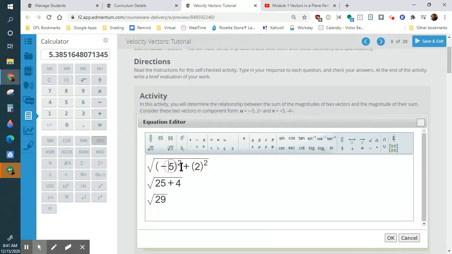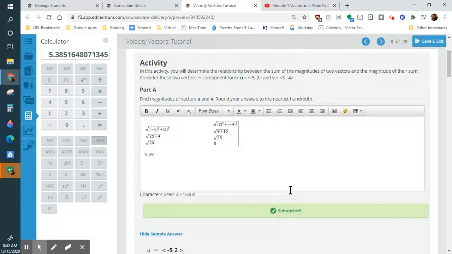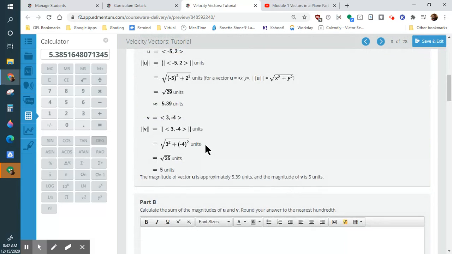So this we're going to change to a 3, and this we're going to change to a -4, which changes this to a 9, which changes this to 16. So we're going to end up getting 25, which reduces into a nice little 5. And that's how you get those.